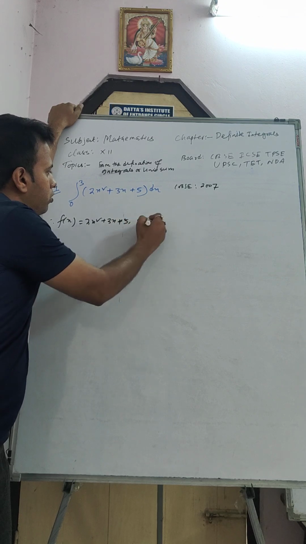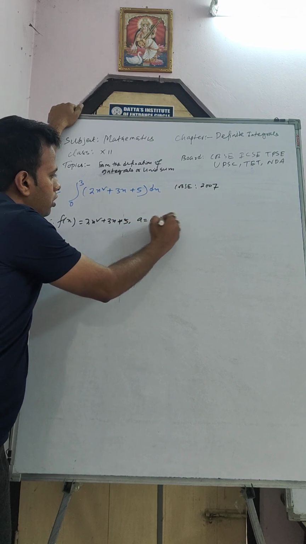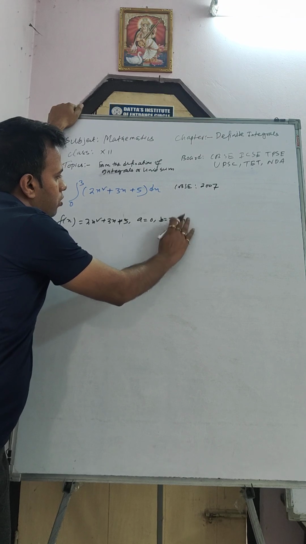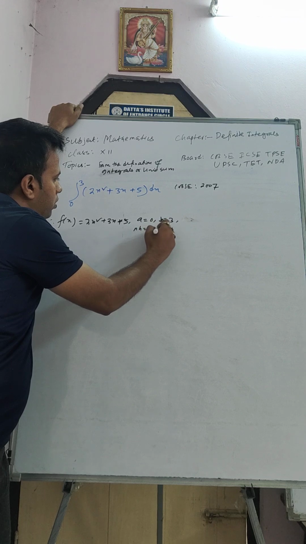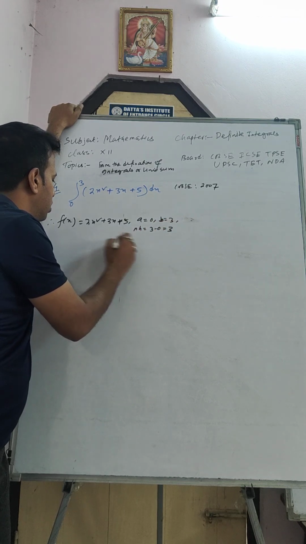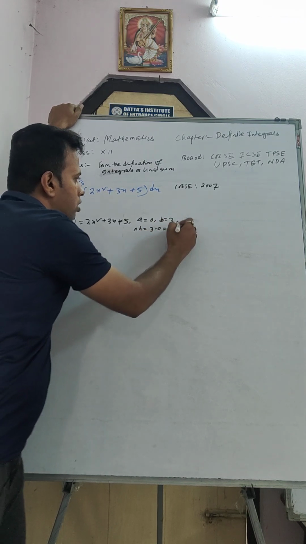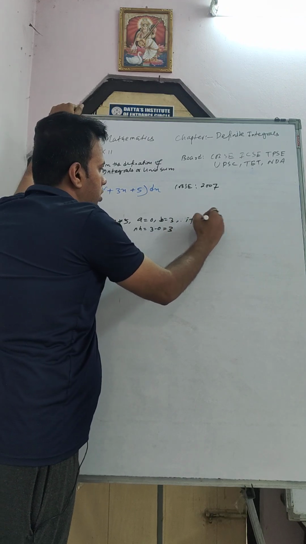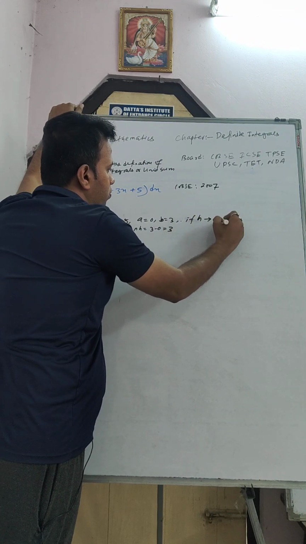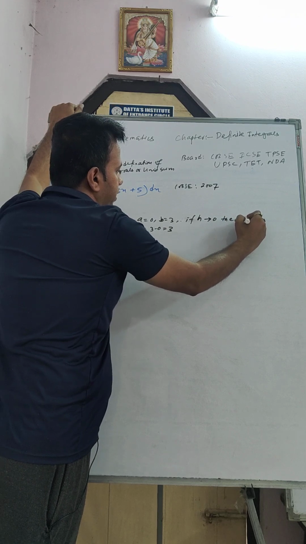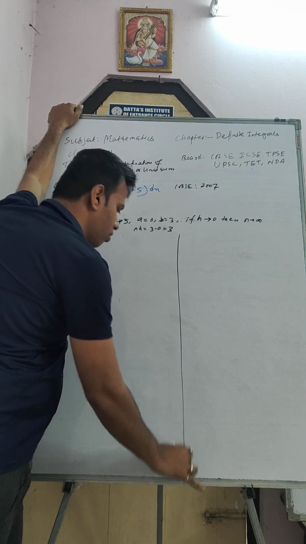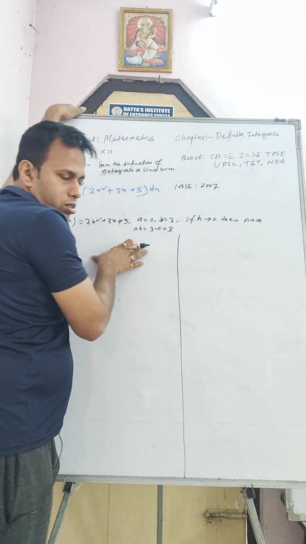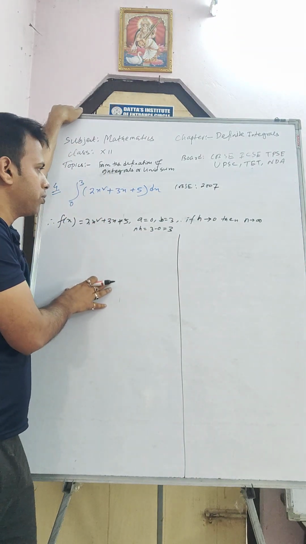Here a equal to 0, b equal to 3, nh is equal to 3 minus 0, that is 3, and if h tends to 0, then n tends to infinite. Okay, and this method works for all the questions, all the problems or all the sums.